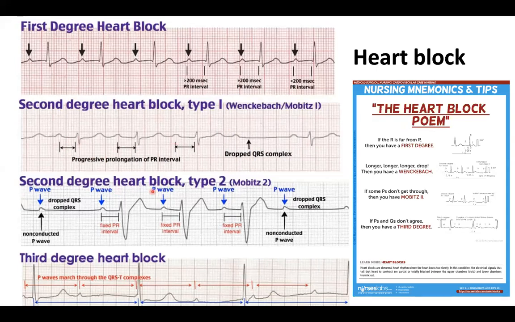Now with second degree heart block, type 2 Mobitz, there is failure of conduction at the level of the bundle of His or Purkinje fibers below the AV node. And this is generally due to an actual structural cause, so structural damage of the conducting system. So this is actually very serious, and there's a risk of asystole.